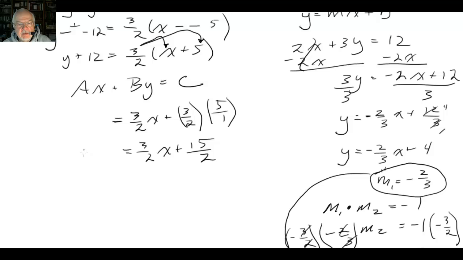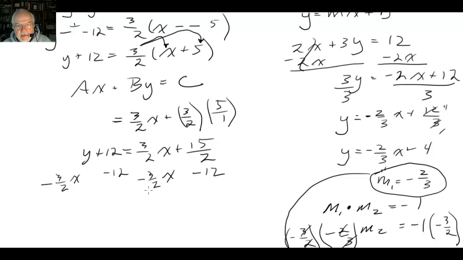And what do we have here? We have y + 12. This x is on the wrong side, so we're going to subtract 3/2 x from here and subtract 12 from here. Of course, we've got to do that to both sides. So here's my -12 over here, and here's my -3/2 x over here.